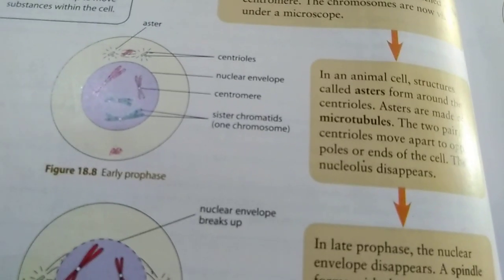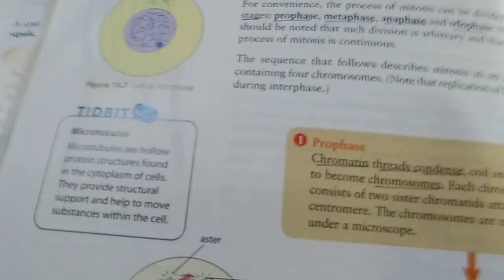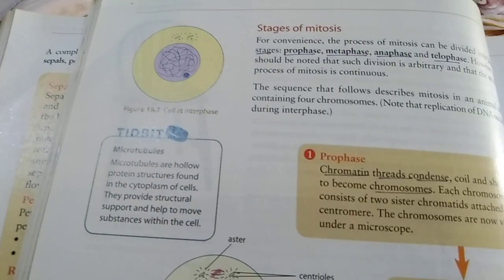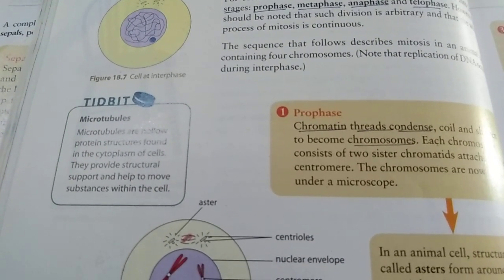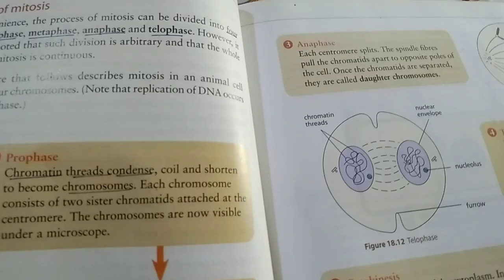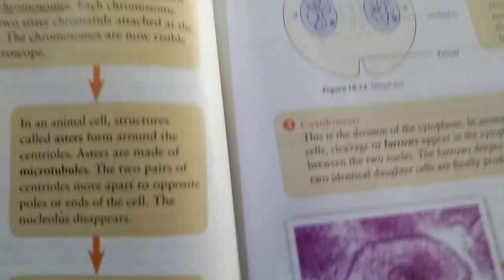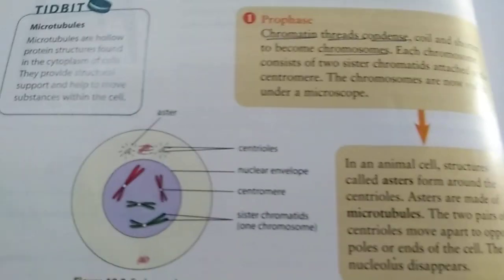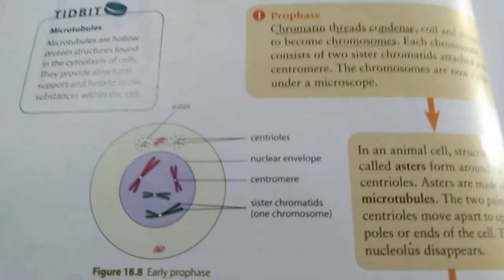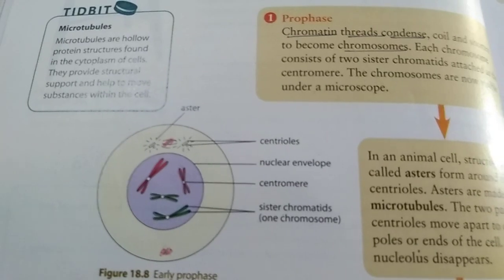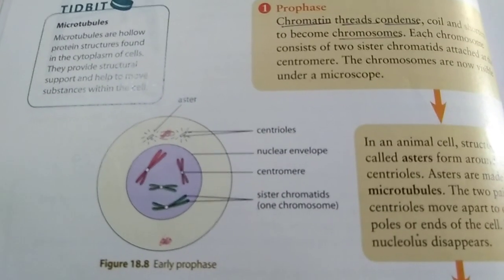Now we look at an overview of the topics we have to discuss here. At this time, we discuss the stages of mitosis: prophase, metaphase, anaphase, telophase and cytokinesis. We read about prophase and look at the diagram to understand the process.